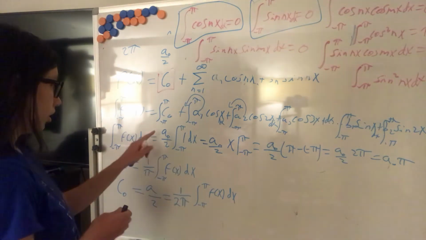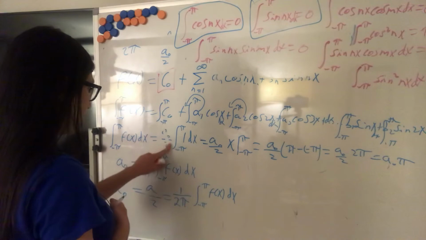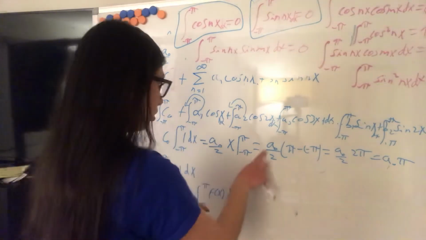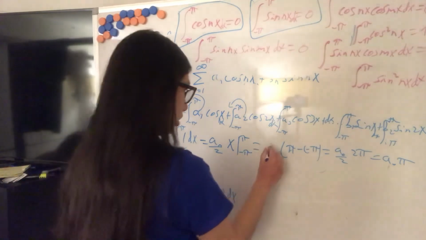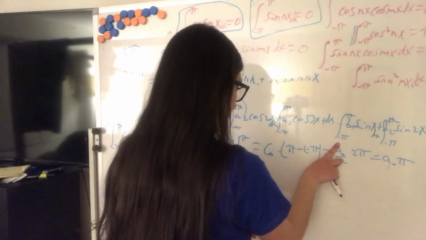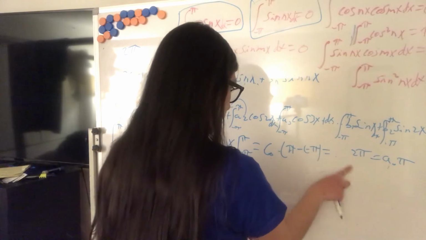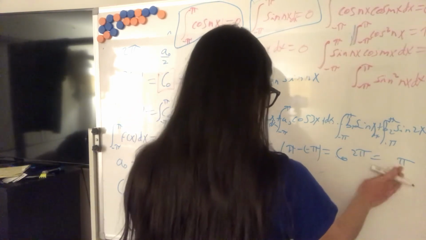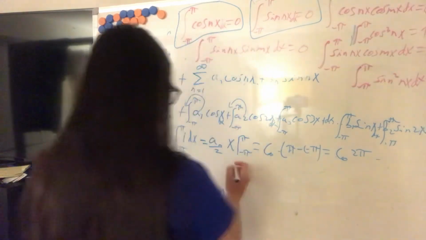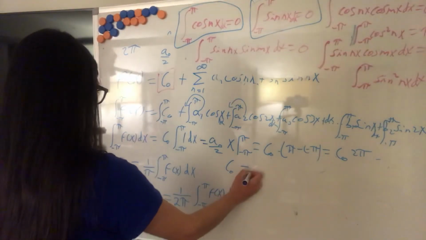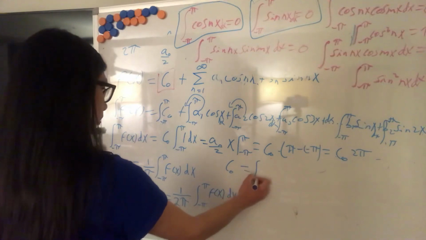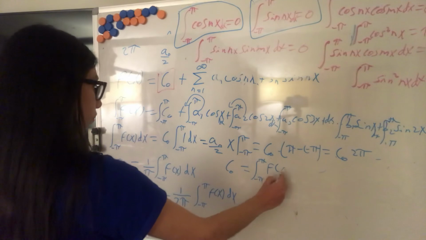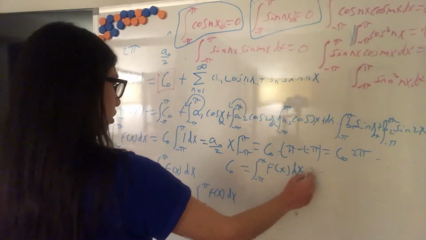The other way is that instead you can put it as c sub 0 everywhere, so you will have that c sub 0 is equal to 1 over 2 pi times the integral from minus pi to pi of f of x dx.